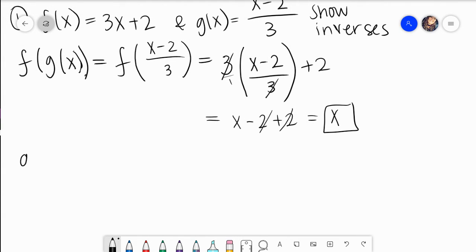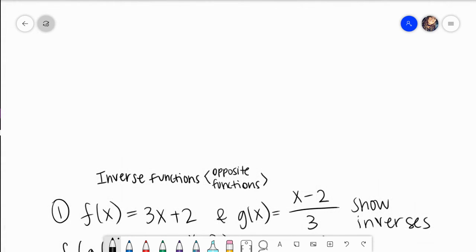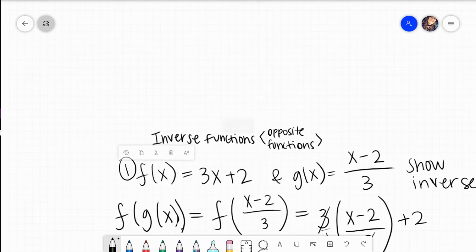Okay, so my g of f of x. So what I do is I look at my g of x function, which is (x minus 2) over 3.